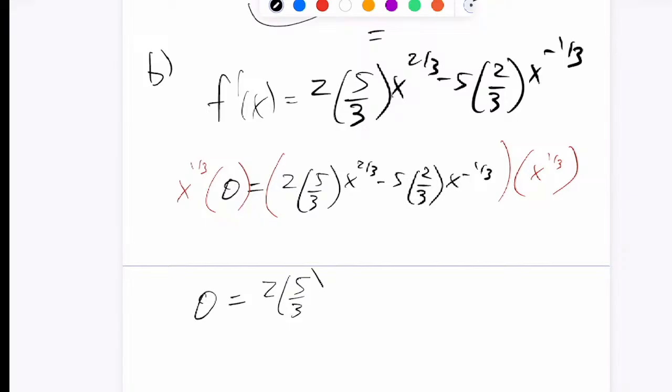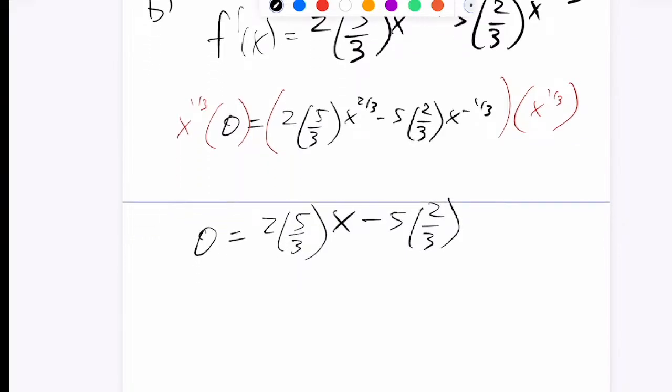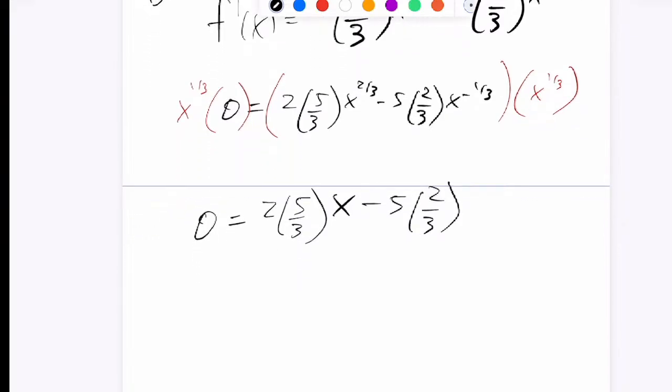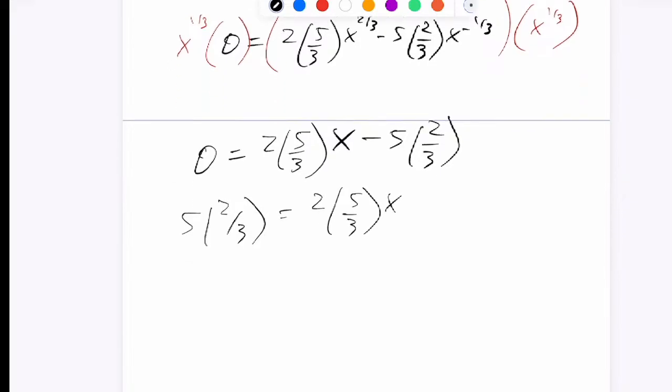This becomes 2 times 5/3, and the x minus 5 times 2/3 completely goes away. So it simplifies quite a lot by multiplying across by x to the 1/3. Then you can bring it to one side, and we can solve for x.